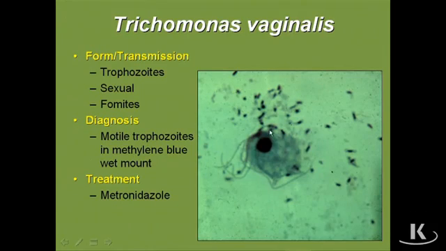Diagnosis is motile trophozoites, and here's an image of one. She's got this nice big nucleus, and again, she's got a little hairdo. Those are the flagella, okay? If they show you an image of that, you're expected to know what that is, or if they mention motile trophozoites in a wet mount, okay?